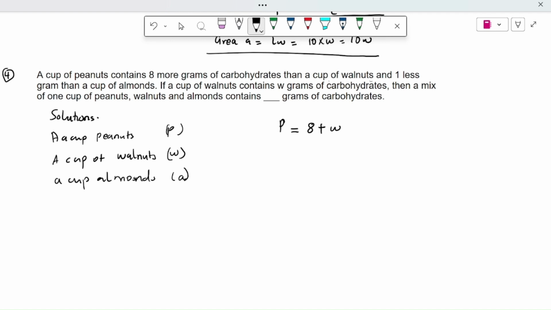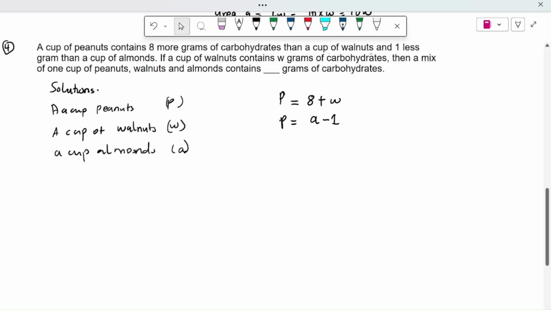So a cup of peanuts is one less gram, which means that almond is 1 more gram than the cup of peanuts. So a cup of almonds will be P plus 1. This is what we get from this text.